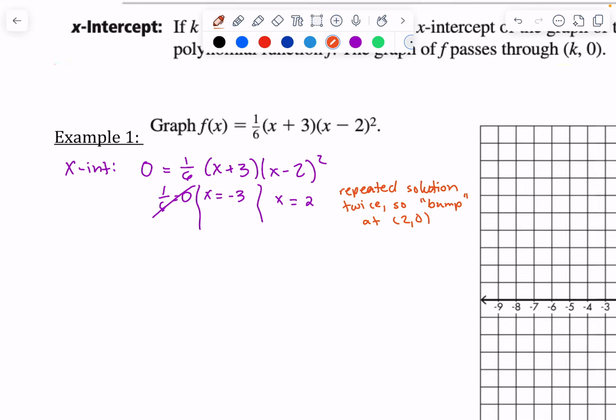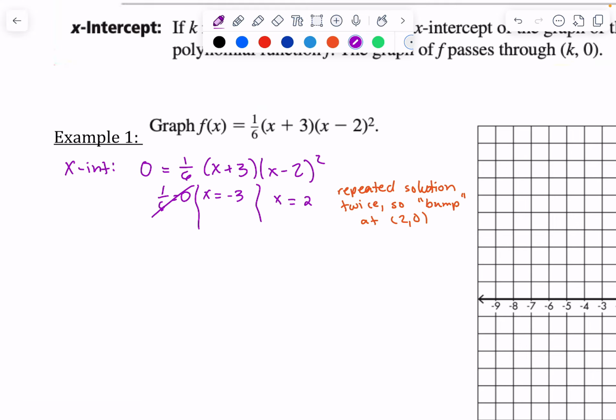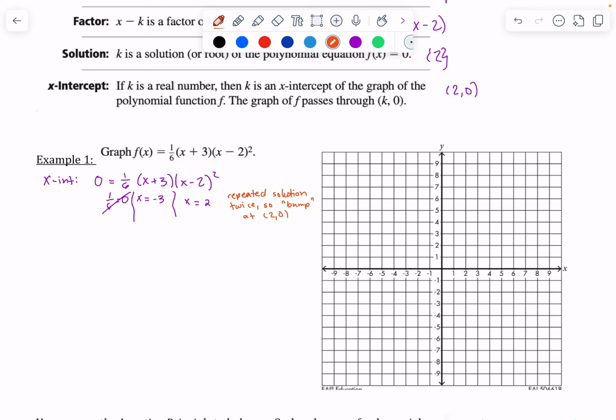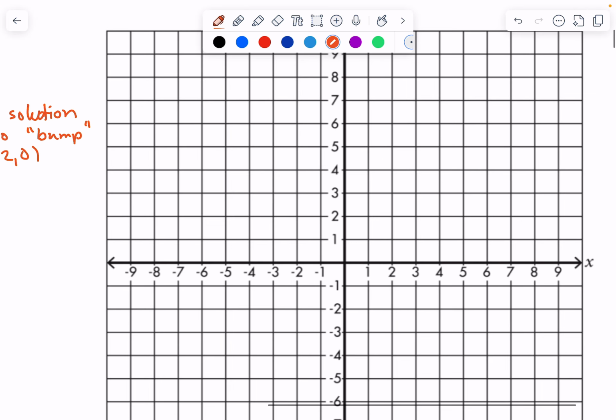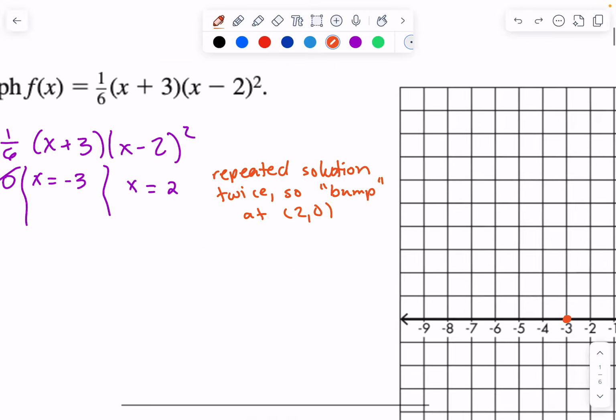So now I know that the x-intercepts are (-3, 0) and (2, 0). And I know that at one point we're going to bump the x-axis, and at the other point we're going to cross the x-axis.